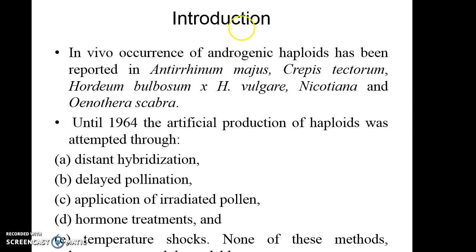So what happens in nature? The production of haploid plants is a very rare phenomenon, and it happens in some species, not in all species. Before artificial production of plants through anther or pollen culture, these methods were tried: distant hybridization, delayed pollination, treatments like temperature shocks or hormone treatment, or irradiation of pollen grains with X-rays or UV rays.